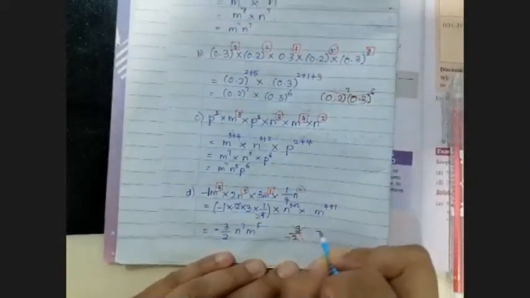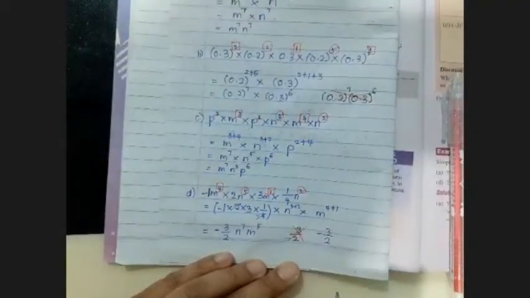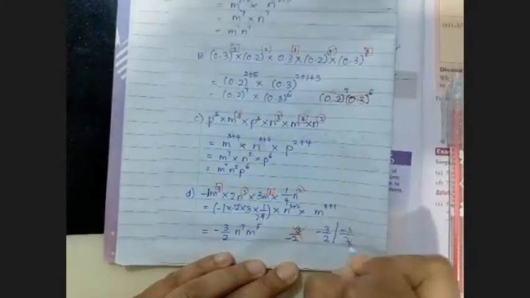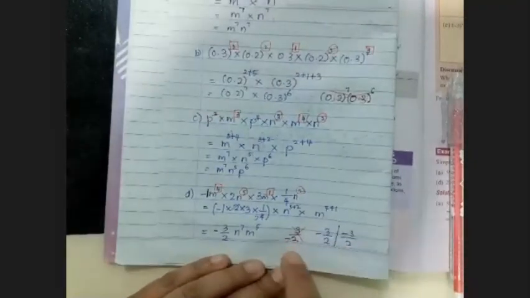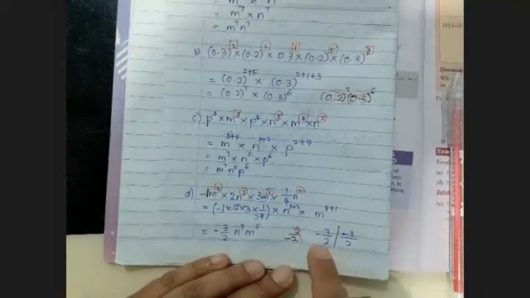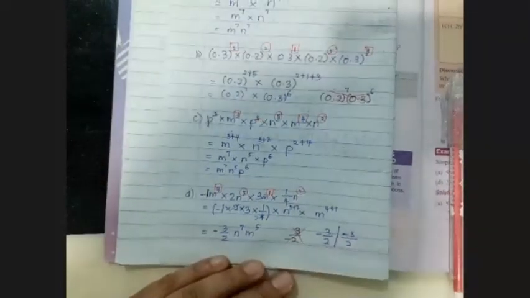You can write negative at the middle, so negative 3 over 2 or negative 3 over 2. Okay. Dua ini saja yang diterima. Yang ini salah. So, when you write negative 3 over 2.